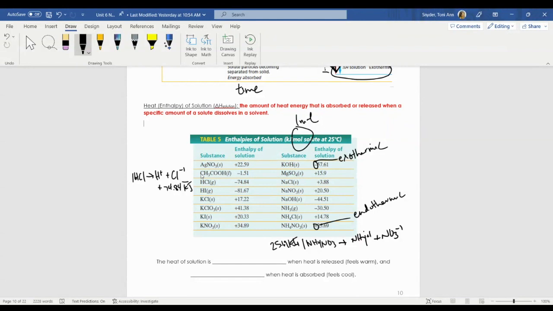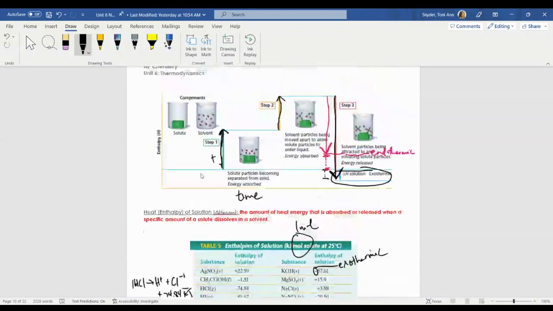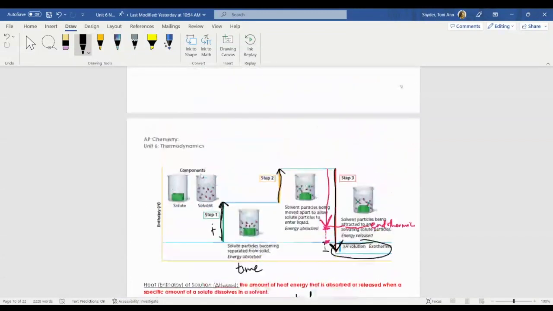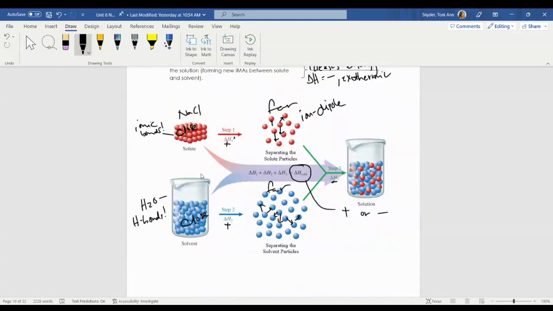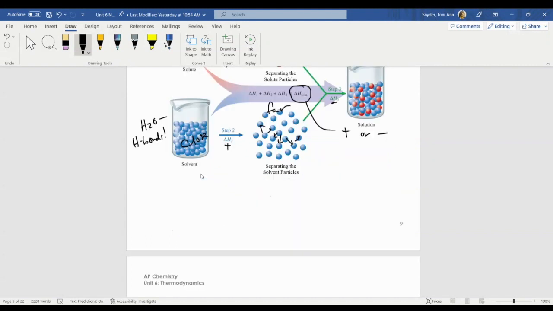So we'll look at some examples with this in class, but otherwise, I think College Board really wants you to understand these charts more than anything with heats of solution. I always see a ton of charts pop up on the multiple choice questions. So we'll do as many of those as we can.